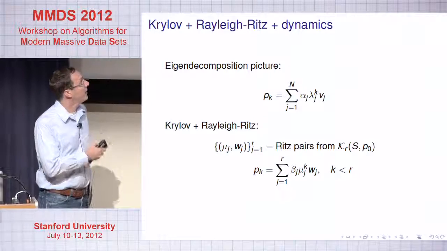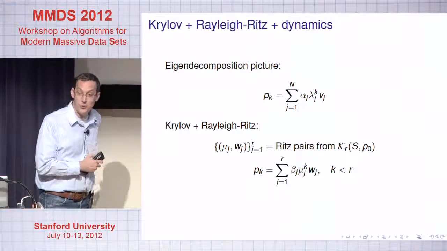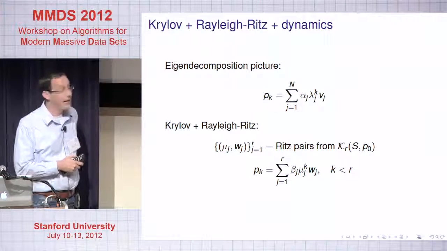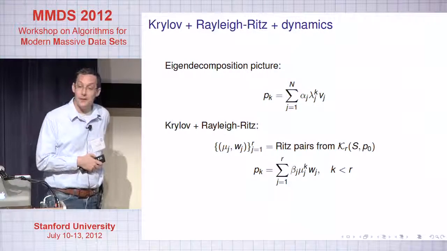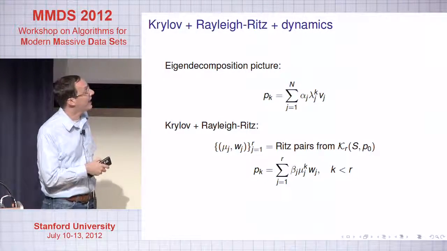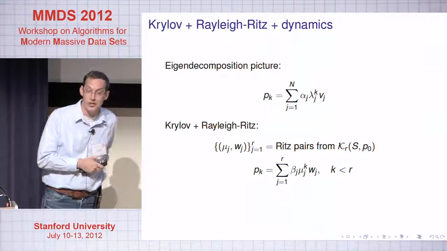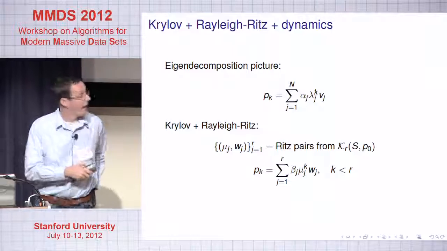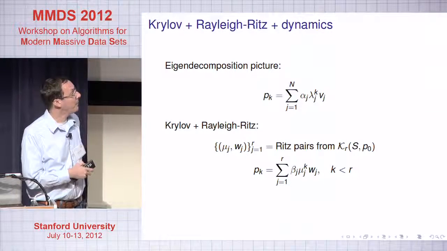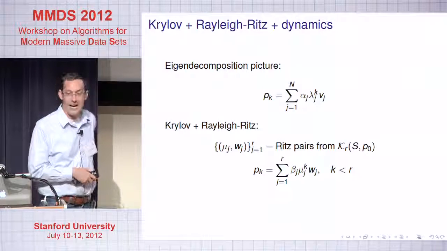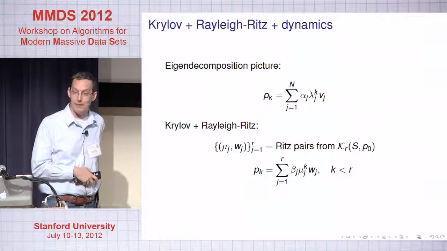If I do a Krylov subspace approximation and then do Rayleigh-Ritz on top of that, I can do something very similar with Ritz values and Ritz vectors. So I've again got something where I can write down my initial distribution as a linear combination of Ritz vectors. And for R steps, where R is the size of the Krylov subspace I used, I get this same picture of the dynamics.